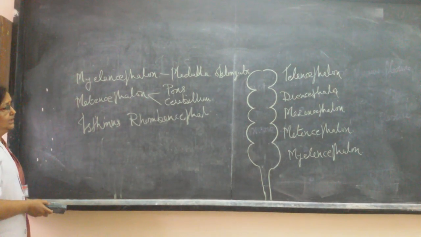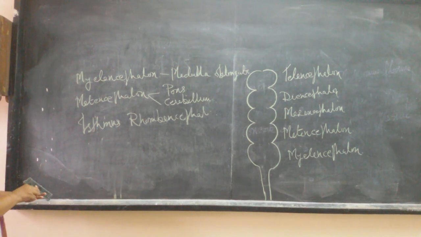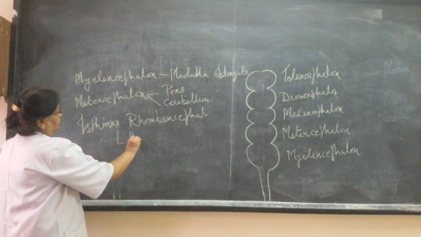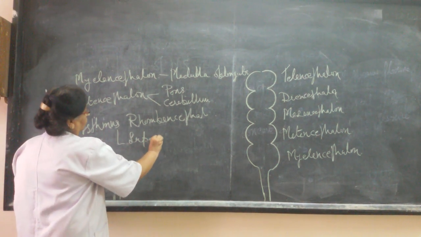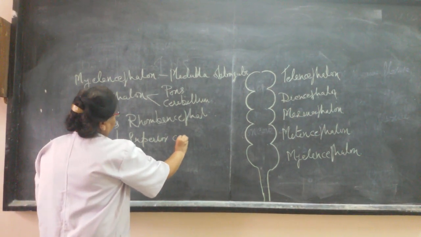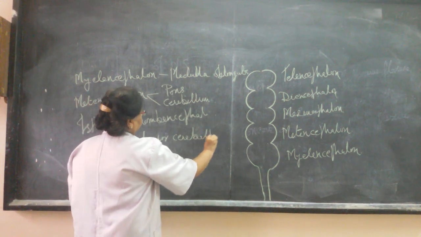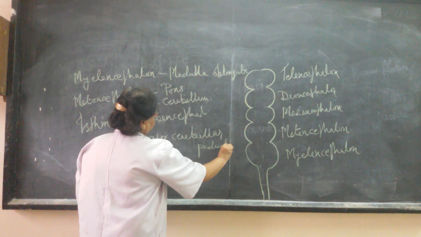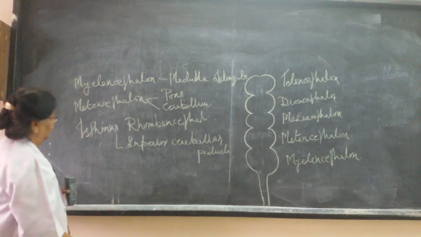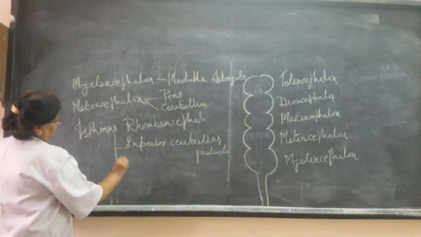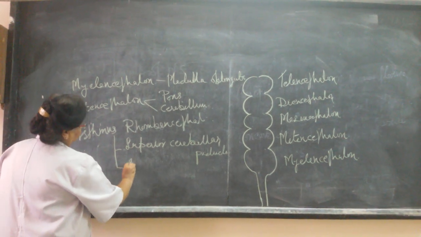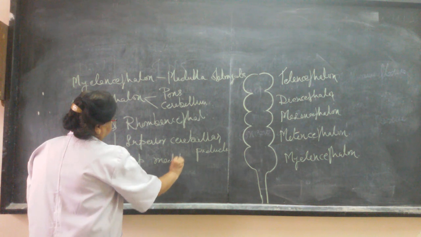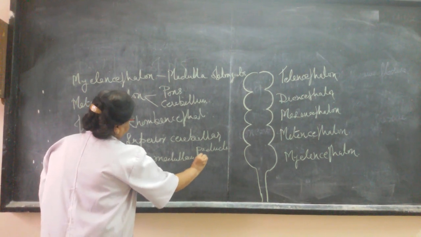The isthmus rhombencephali forms the superior cerebellar peduncle. This also forms the superior medullary velum.